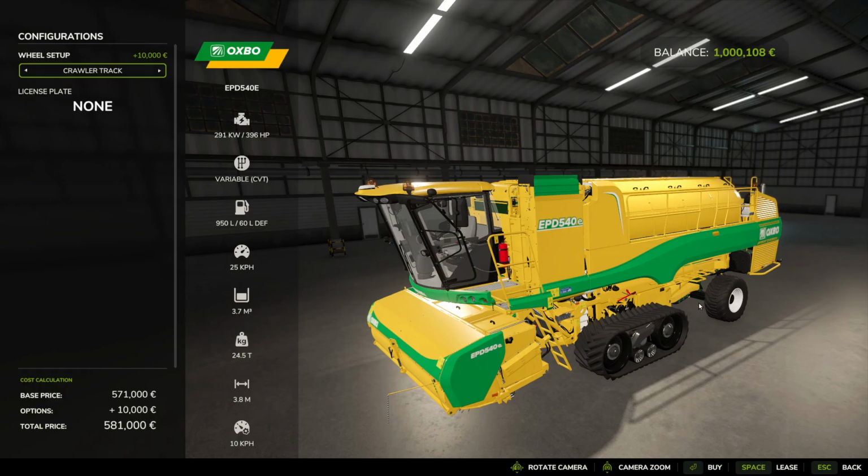You really have to calculate: will I make a profit when I rent this on the field that I want to use? And in a lot of cases, the answer is no. You won't make a profit, only if you know exactly what you're doing.